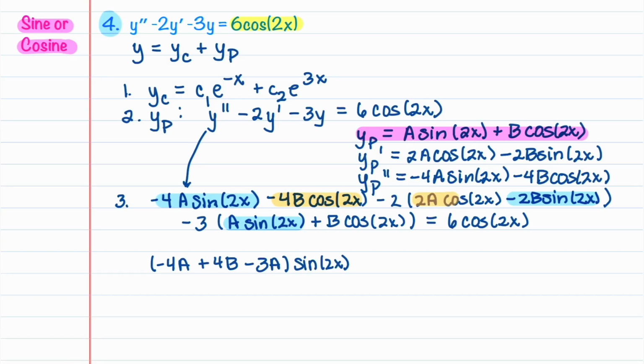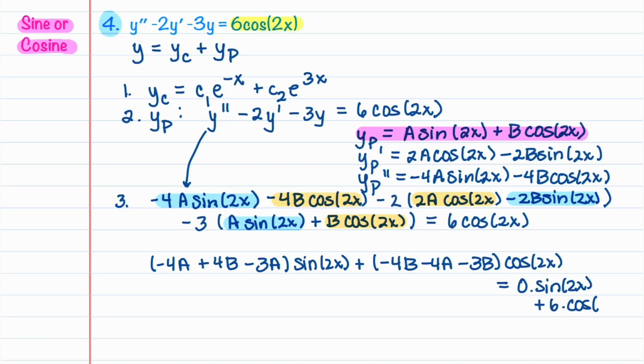This one, and this one. This gives us a minus 4b minus 4a minus 3b. And that's cosine 2x. And then let's set this equal to 0 times sine 2x plus 6 times cosine 2x.